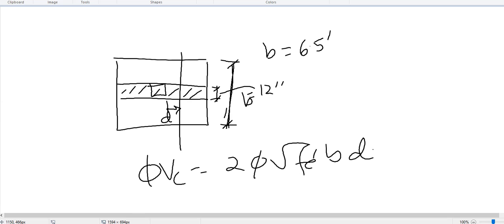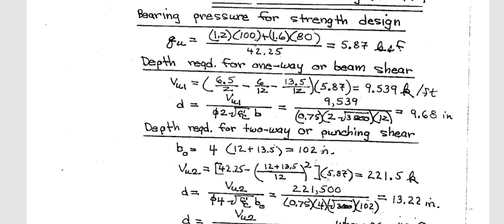So in this design, we are calculating d required. This is the equation, and this is my shear force here. So this equation came from this. So it is 9539 pound divided by 0.75 times 2 square root f prime c times 12. See, they use 12.